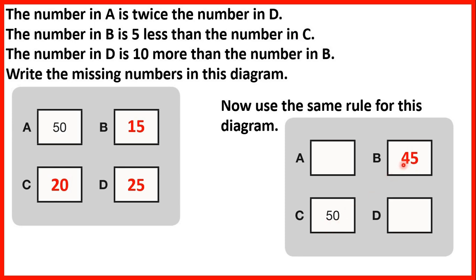Now if we look for a different sentence which mentions B, we can have the number in D is 10 more than the number in B. So in D we will have 55 because that's 10 more than 45. And now the number in A is twice the number in D. So if we work out 55 times 2, that gives us 110 as our number for A.